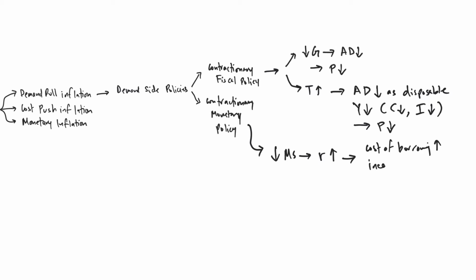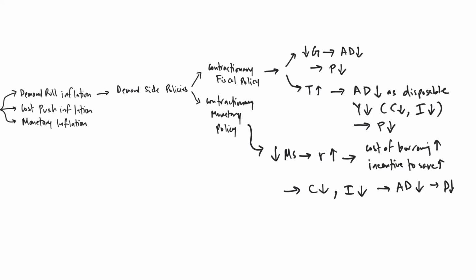Second, the incentive to save will also go up, causing consumption to fall as consumers find it expensive to borrow money, and the opportunity cost of saving is going up. Investment also falls as firms find it expensive to borrow money to invest, ultimately making the AD fall and therefore the price level to fall.